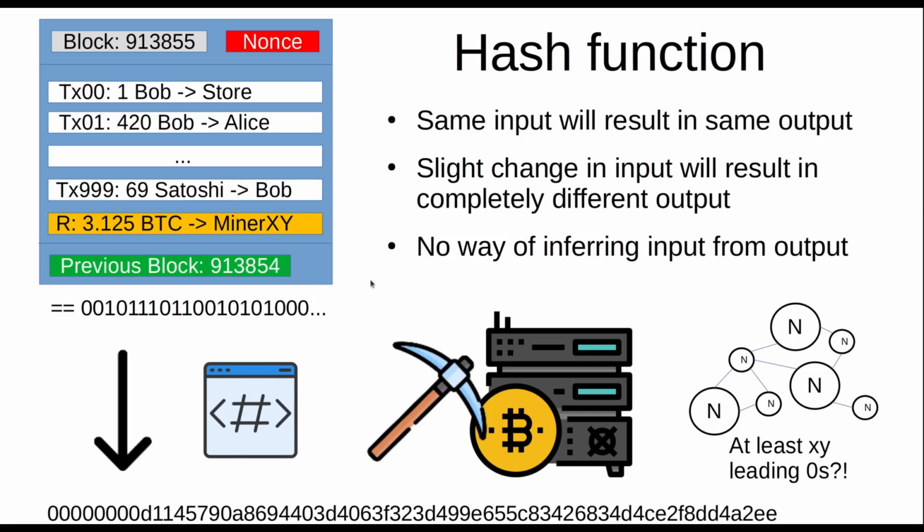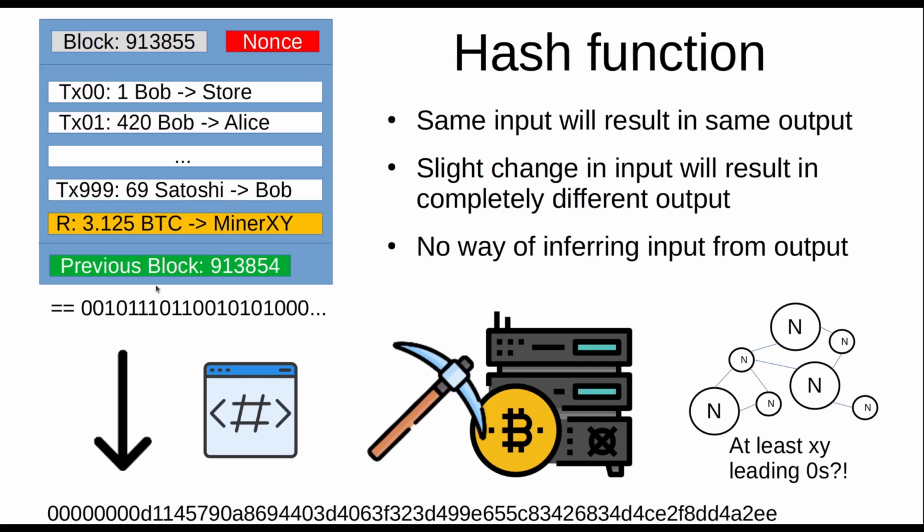And now if we combine this with the third property of the hash function, which is that there is no way of inferring the input from the output, meaning that the hash function is basically a one-way street.